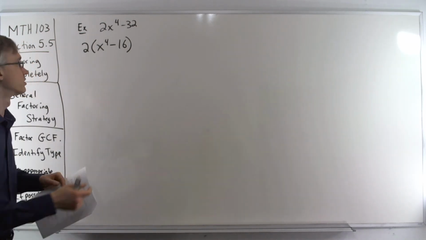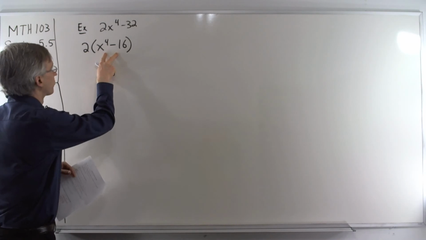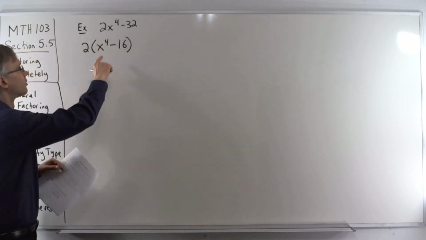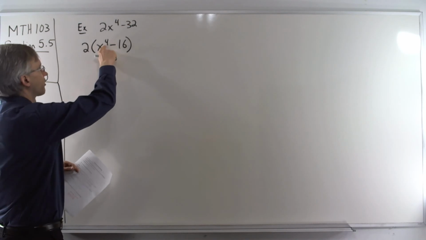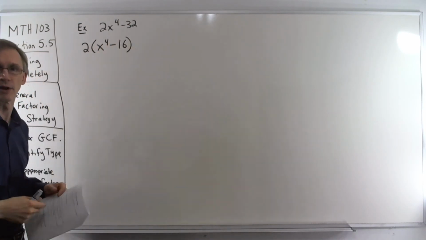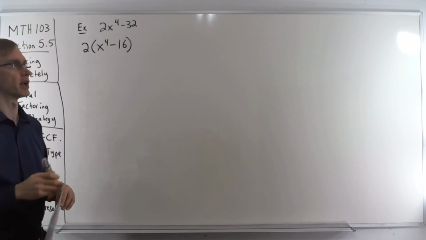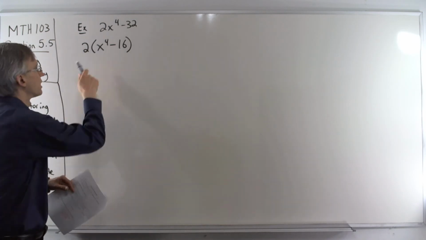Now that we factored out the GCF, what's left inside the parentheses is revealed to be difference of squares. We have an even exponent here, so that's a perfect square, and 16 is a perfect square, so difference of squares. So now we can apply the difference of squares factoring strategy to this polynomial inside the parentheses.